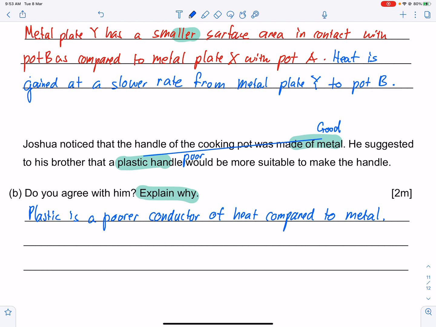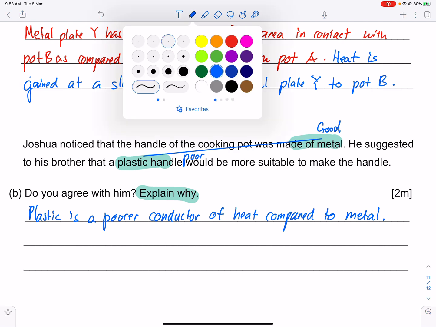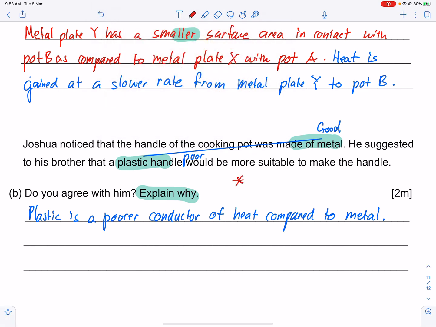Now, whenever you talk about conductors of heat, the concept tested here is conductors of heat. You are concerned with the rate that heat is being conducted through this material.